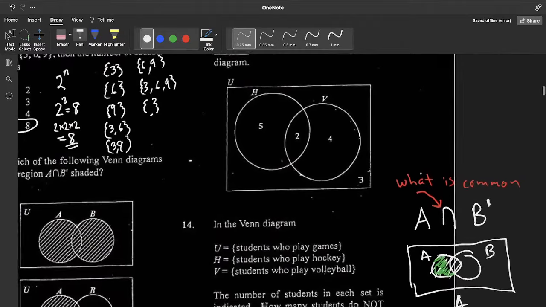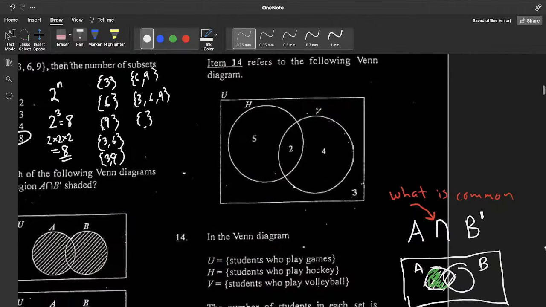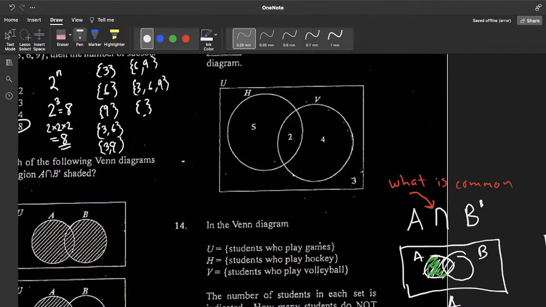All right, so we're looking at this one here now. It says in the Venn diagram, we have students who play games. So students who play hockey, students who play volleyball. The number of students in each set is indicated. How many students do not play volleyball? We have two different sets here. So let's say this is the people that play hockey, and we have the people that play volleyball.